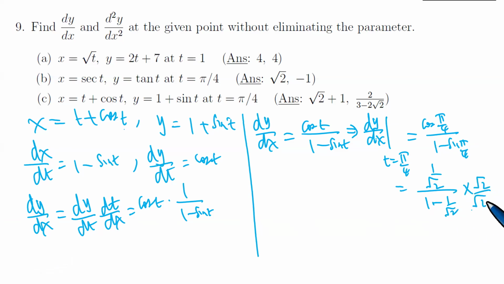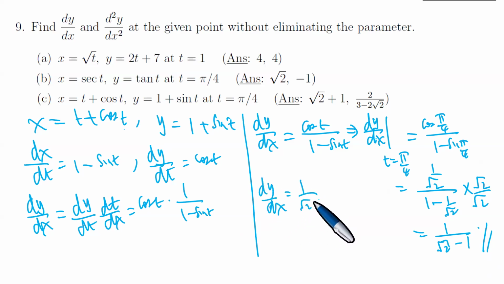Multiplying by square root of 2 becomes 1 over the square root of 2 minus 1. So if we say this is the answer, dy dx is 1 over the square root of 2 minus 1, you multiply by the square root of 2 plus, nope. I want to do it properly.